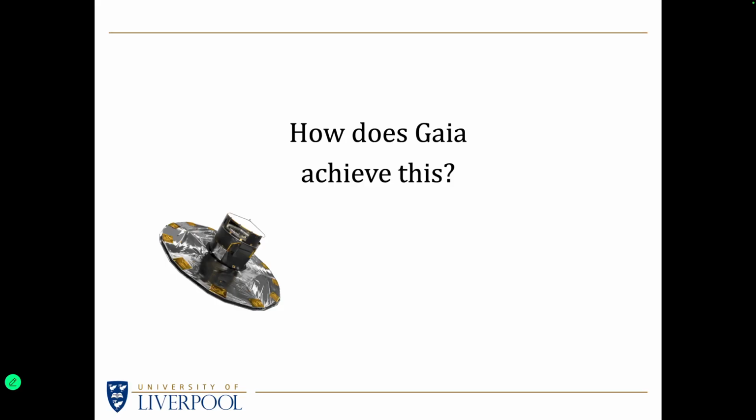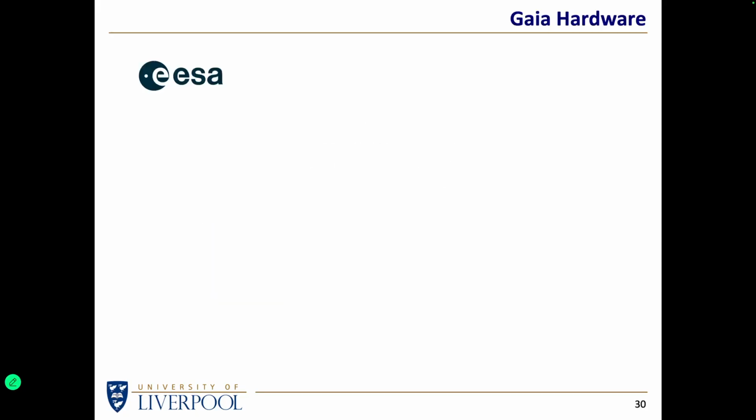So how does Gaia achieve this fantastic precision? Well, the Gaia hardware was put together. It's an ESA project, and it was put together with the hardware from a number of different companies. The optics, for instance, came from Germany, France and Belgium. The detector came from the UK. Some of the electronic power systems also came from the UK.